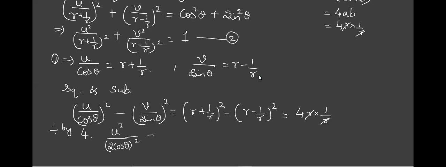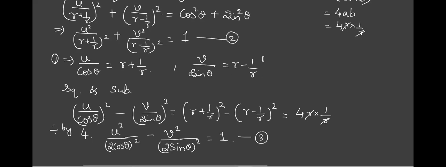Obviously, yes. Similarly, this is v square upon, if I divide it by 4, again it becomes 2 sine theta the whole square. Okay, so it is 2 sine theta the whole square is equal to 4 divided by 4, which is 1. So let me call this as equation 3 now.